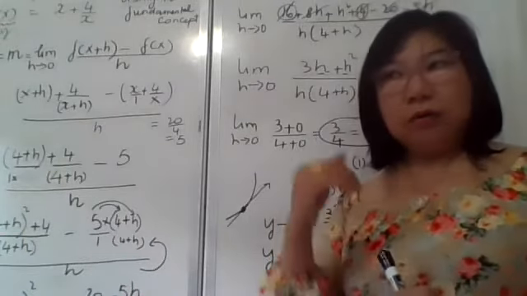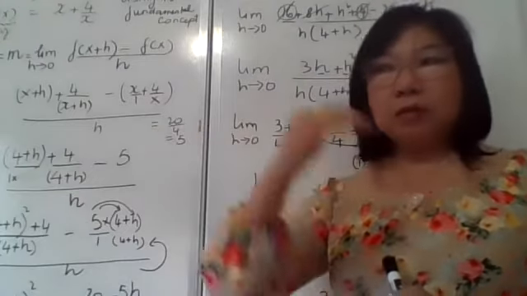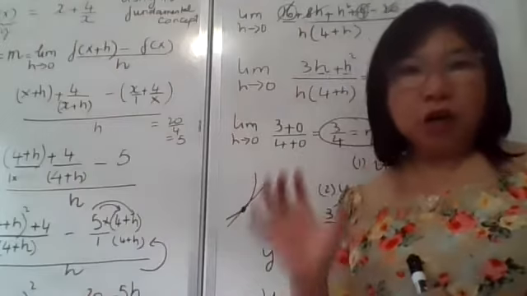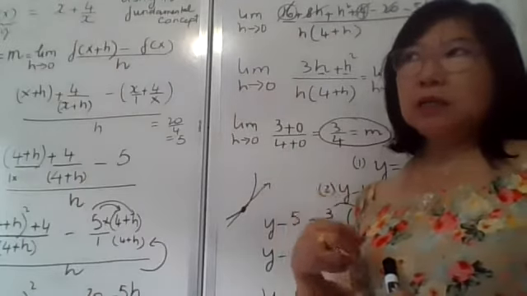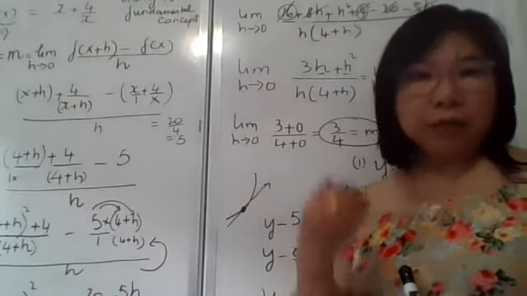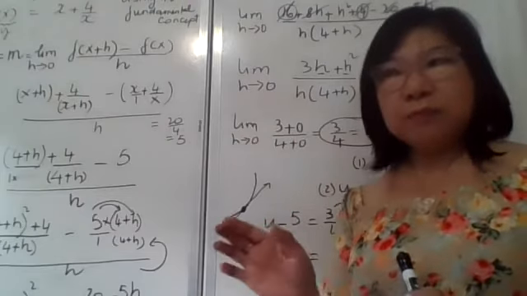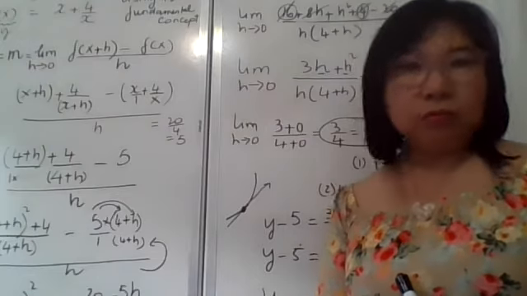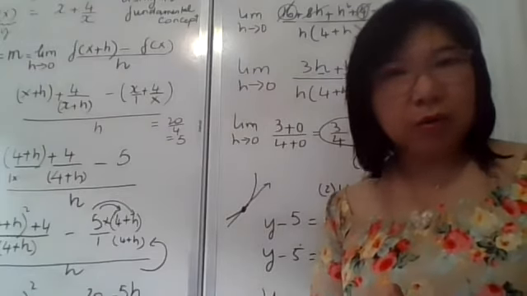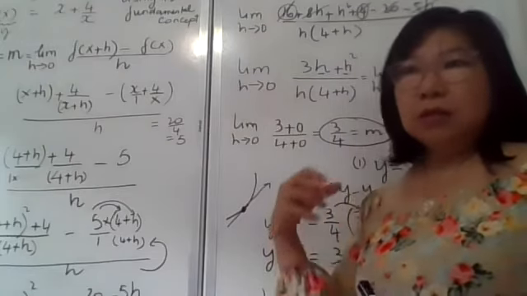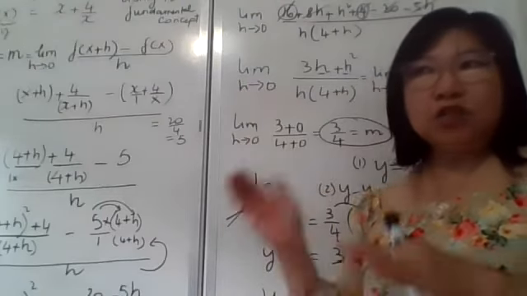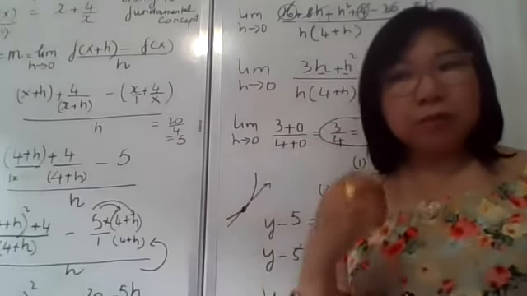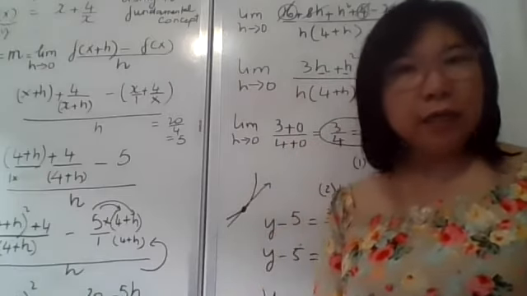Because the function of your driving up and down a slope is increasing, decreasing, not a constant speed. In constant speed, we're talking about the linear function, when your speed is just 80 kilometers an hour or 100 kilometers an hour. But in real life, we want to find your specific speed at a specific point in time.